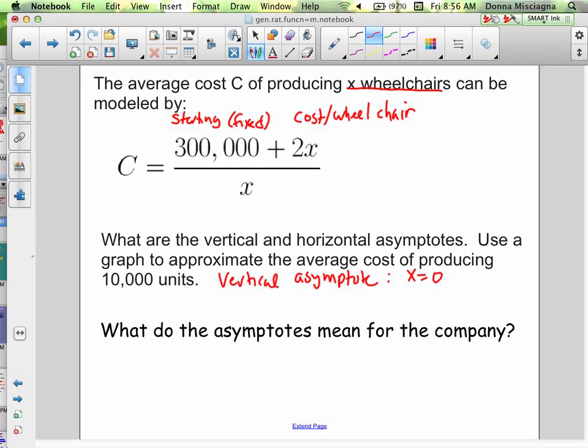They can't produce 0 wheelchairs. Yeah, they can't produce 0, right? Or they have nothing to divide. They just spend a lot of money and they couldn't possibly recover their costs, right? So you can't make 0 wheelchairs. You're not in business if you're not making anything. So this is our vertical asymptote. Can't make 0 wheelchairs.